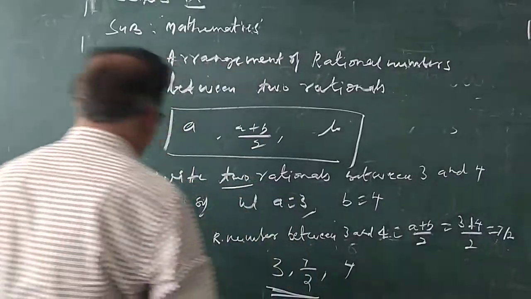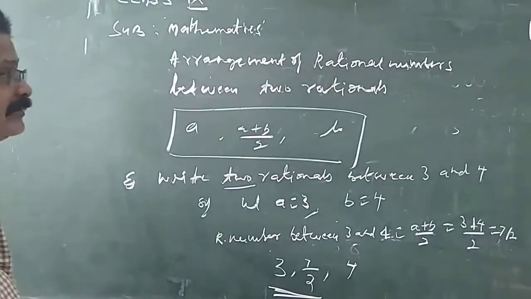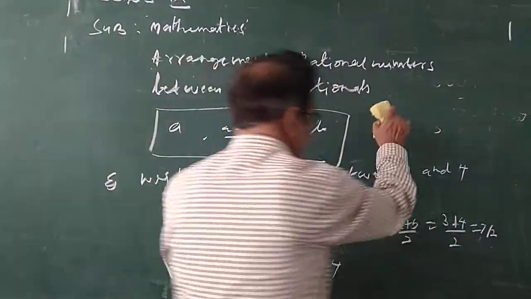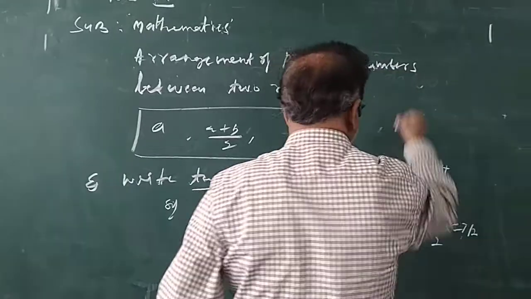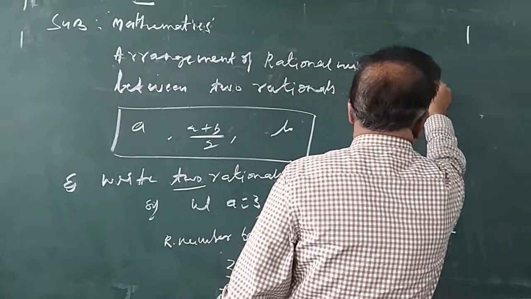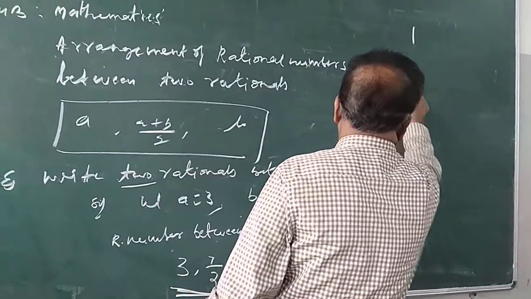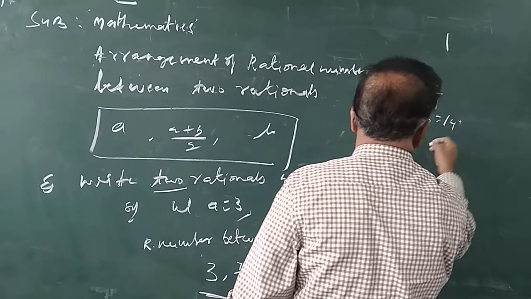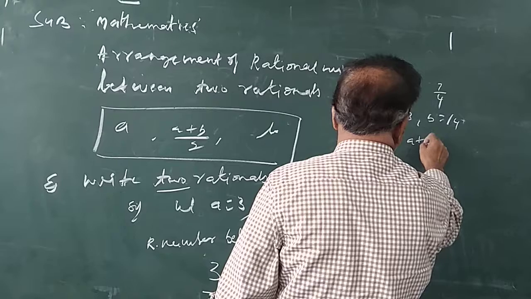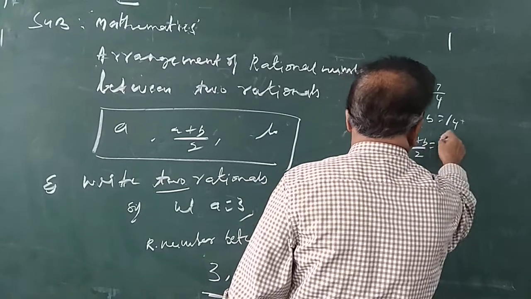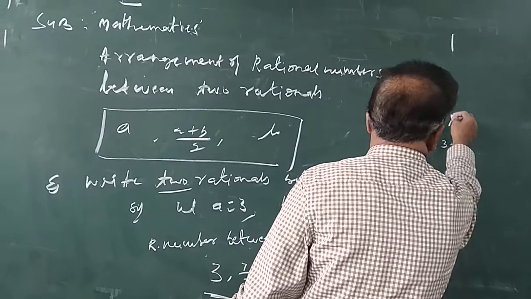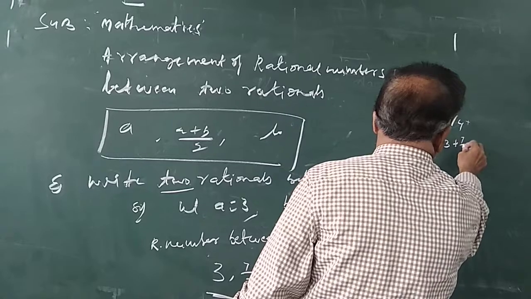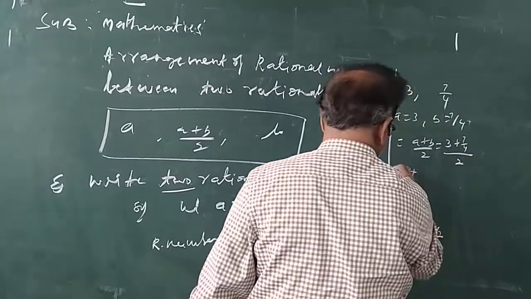Between 3 and 7 by 2, now a equal to 3, b equal to 7 by 2. That equals a plus b by 2. A is 3, b is 7 by 2, all by 2.